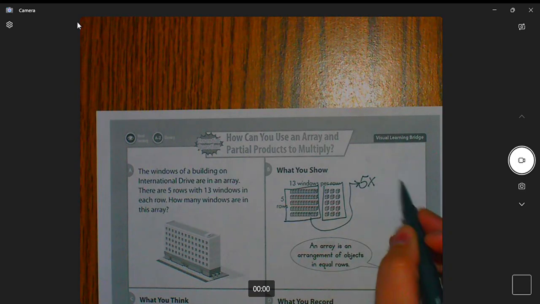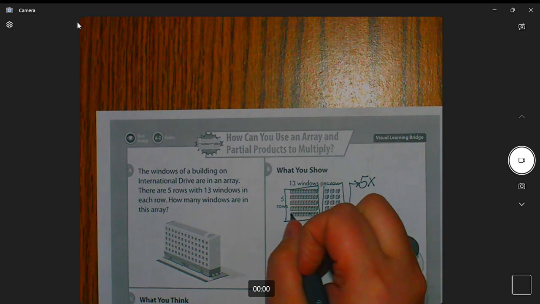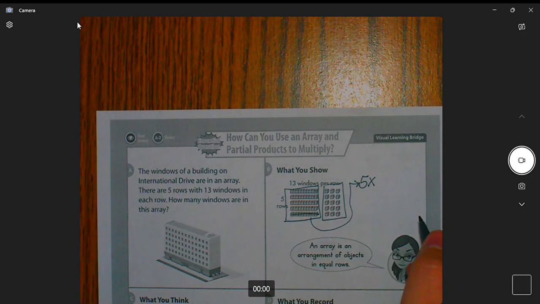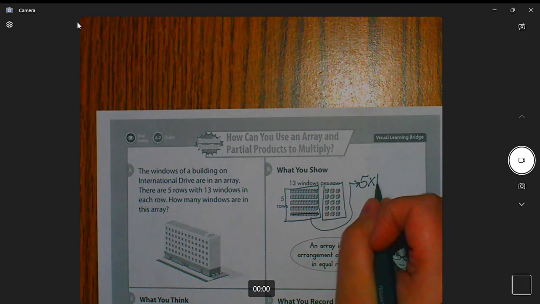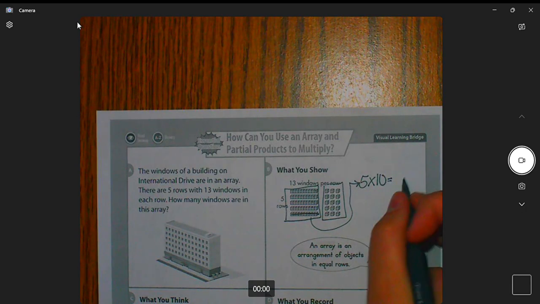Times, how much does one of these sticks tell me? Is it a 1, a 10, or a 100? Right, it's a 10. So 5 rows times 10. Well, what is 5 times 10? Right, it's 50.